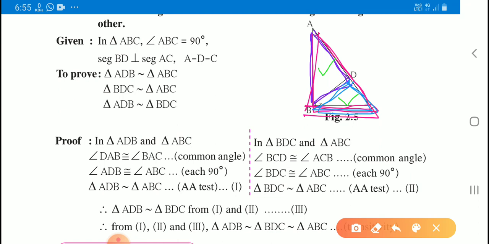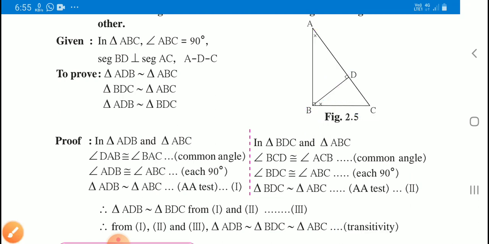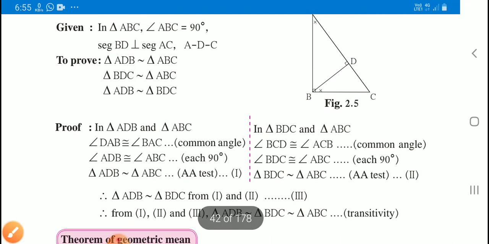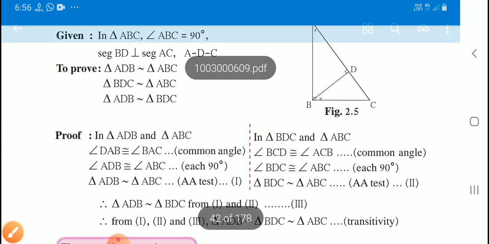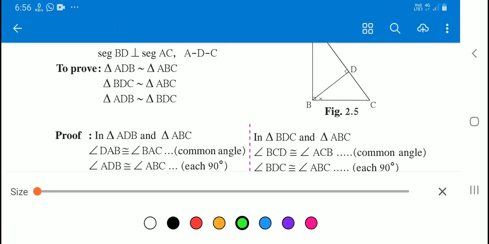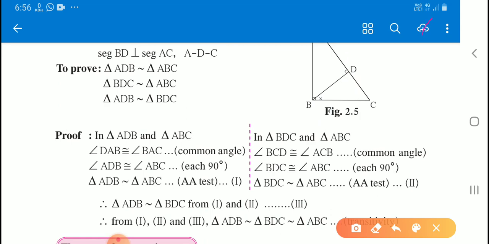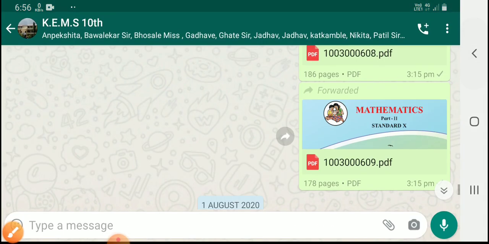Now look here, they have given the proof. We will see the proof. In triangle ADB, which triangle are we considering here? Look here. One minute.